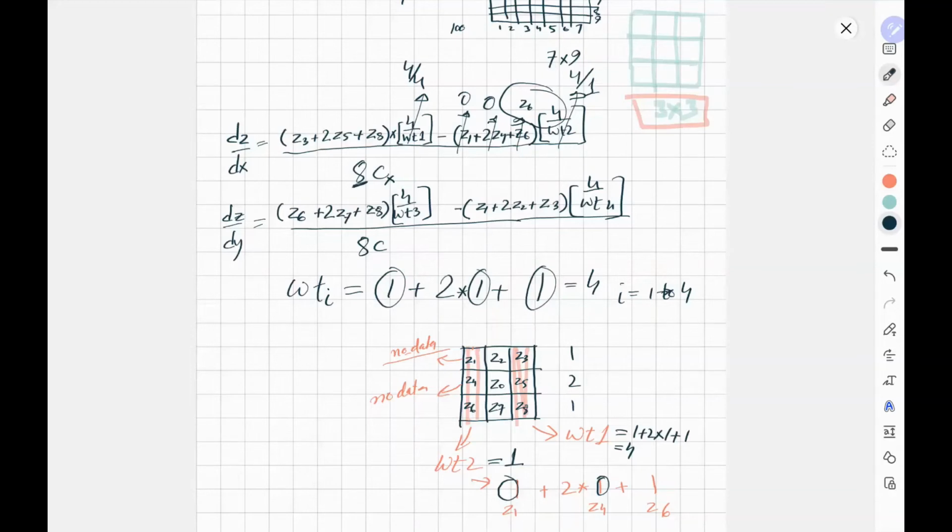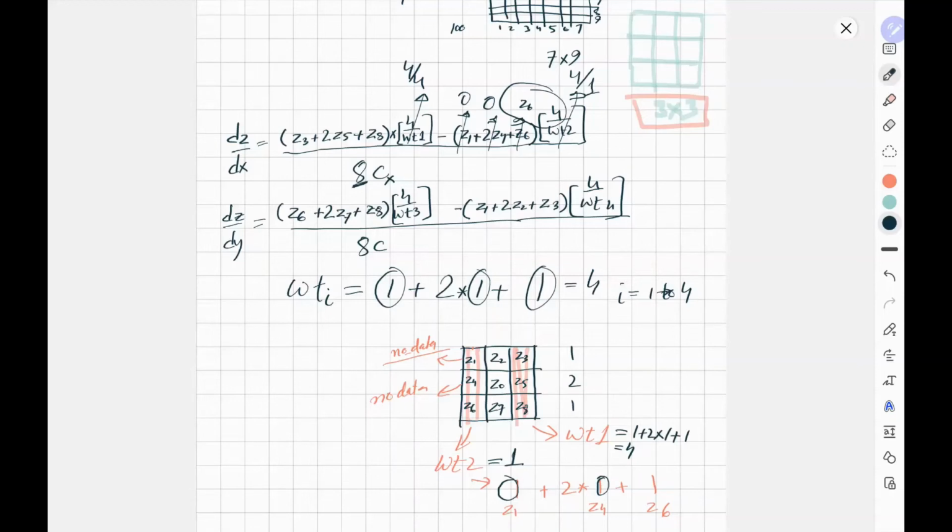And if 7 of the cells do not have valid values, the output of that particular cell will be no data, okay? And the output in this method for edge cells will be no data.